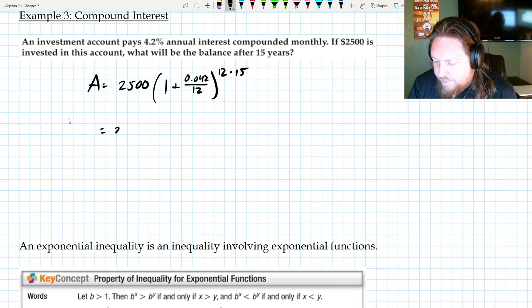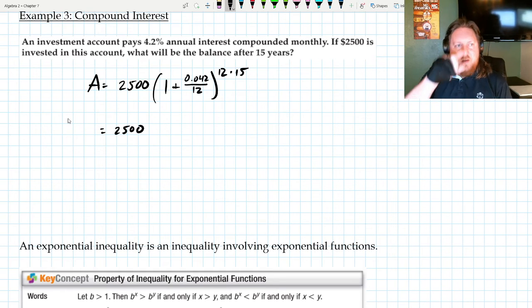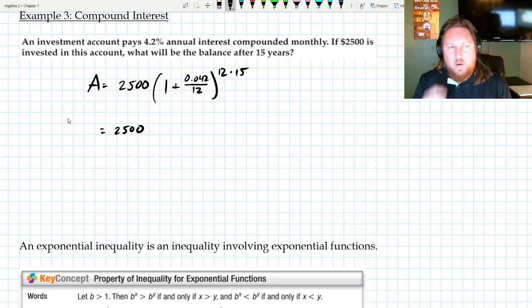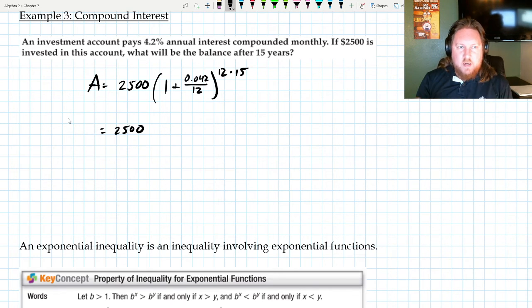So I have 2,500. What I like to do is take my base value there, the 1 plus the rate over the number of compounds, and figure that out by itself. 0.042 divided by 12, and I don't even look at that decimal.